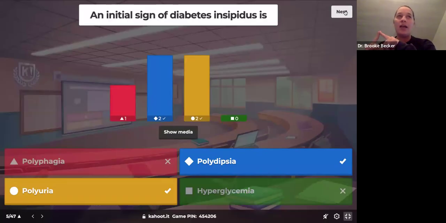Yes, polydipsia and polyuria. Those are your initial signs, okay? And diabetes insipidus is not the classic diabetes that you think about. It's not diabetes mellitus, okay?